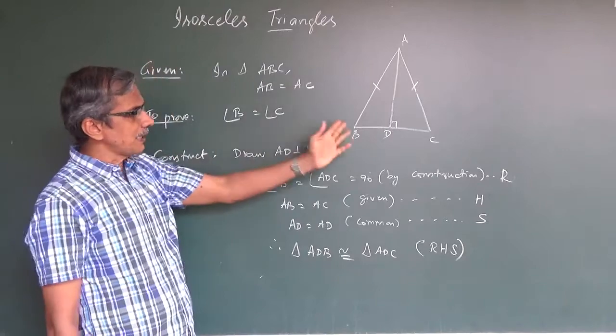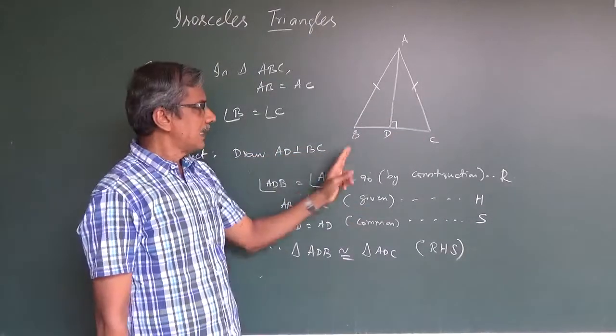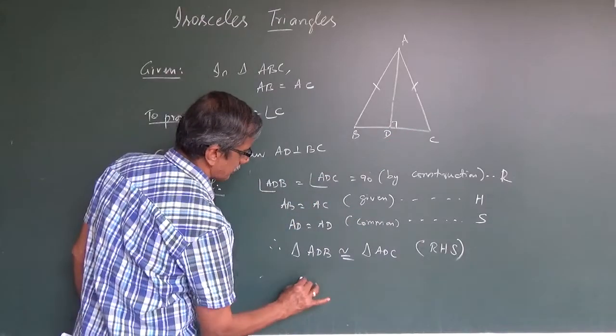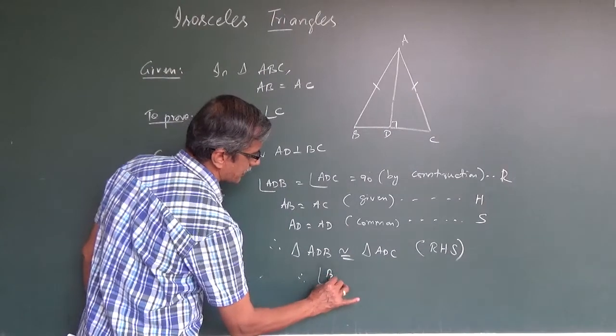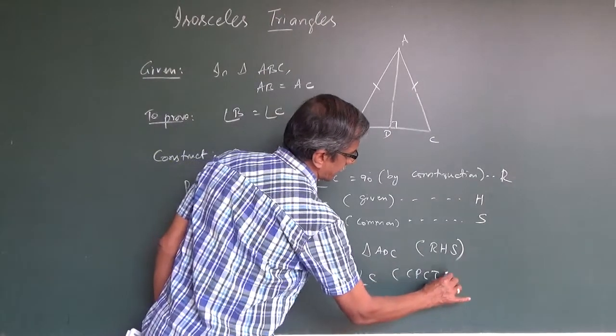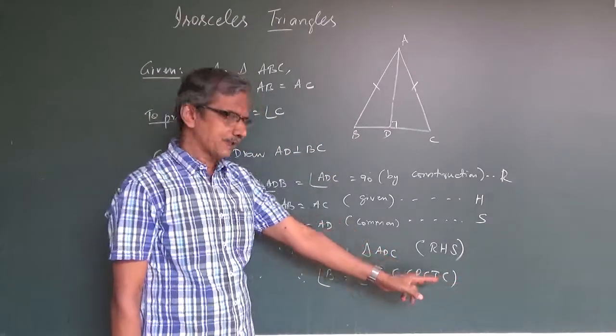And if the two triangles are congruent, the corresponding angles have to be equal. Therefore, angle B is equal to angle C by CPCTC: corresponding parts of congruent triangles are congruent.